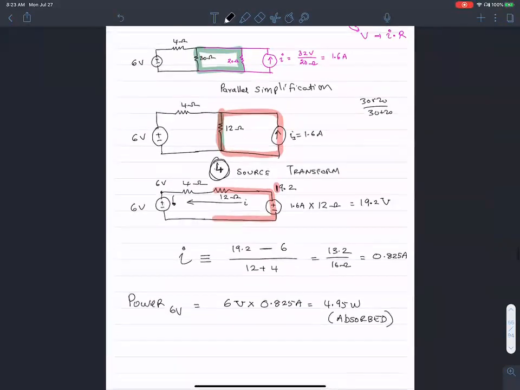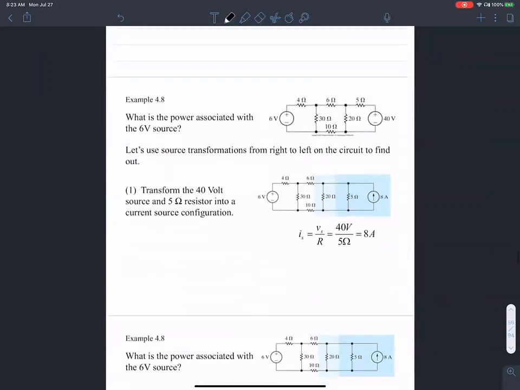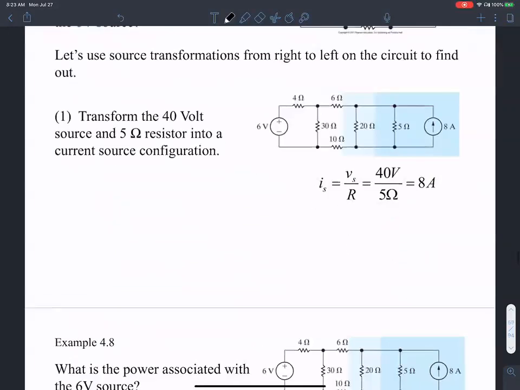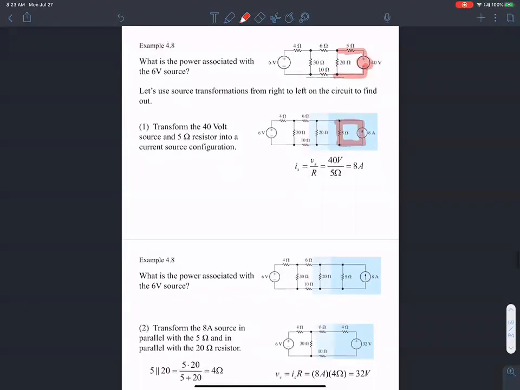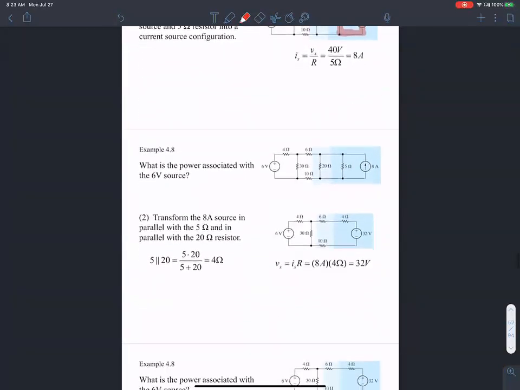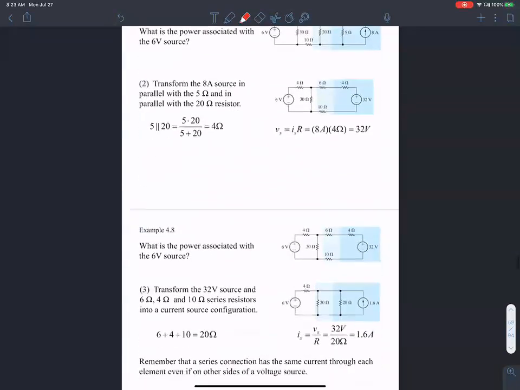Okay, so if you look at what is shown in the PowerPoints here, that's exactly what is shown. The voltage source with a series resistance is converted to a current source with the same resistance in parallel, so on and so forth. All the steps that I highlighted. That's all there is to it.